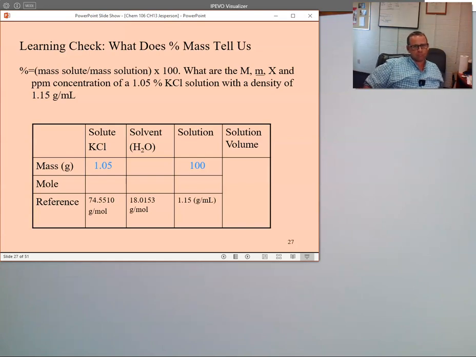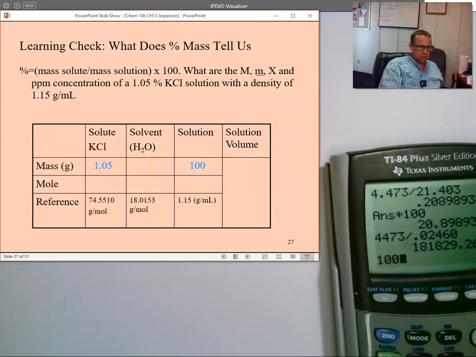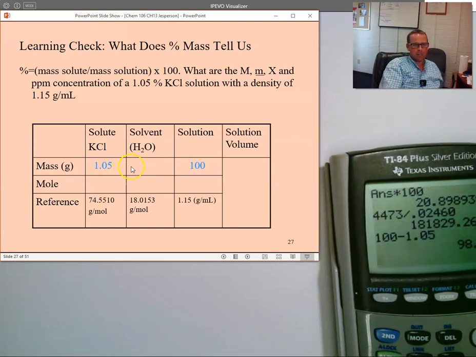It'd be really easy to get the mass of the solvent just by subtracting 1.05 from 100. Yeah, that's right. So 100 minus the 1.05 tells us that we have 98.95 grams of water. Very good. I bet that the slide, though, identifies the moles of KCl first. How would we do that, Robert?